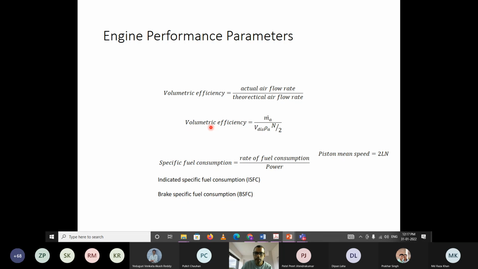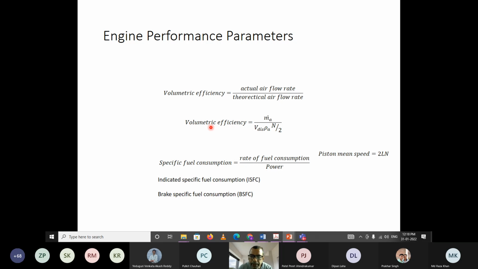Below that or above that range, the torque output will reduce. Similarly, maximum power you may get in the range of 4500 to 5000 RPM.